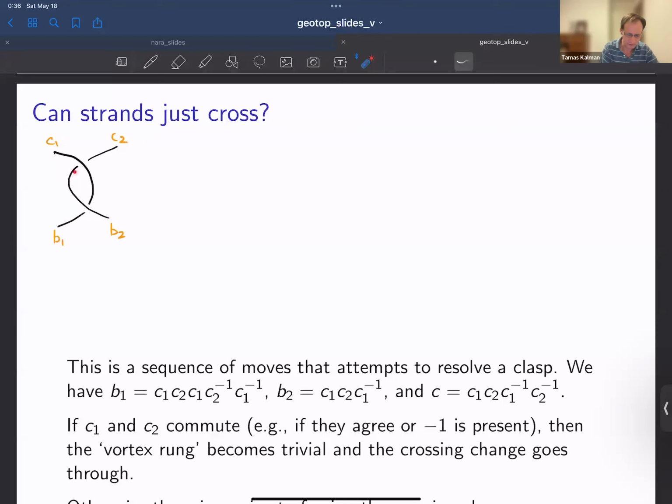There are two defect lines, they clasp like that. What if I try to pull this through? Let me formally use my moves to try and do that. For example, now I will play this magic trick of introducing two vertices here and connecting them with a defect, which is not a defect because it's going to get the label 1. All right, so the other labels are the same.